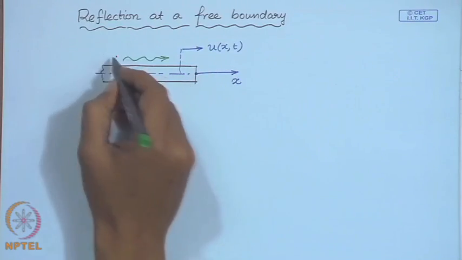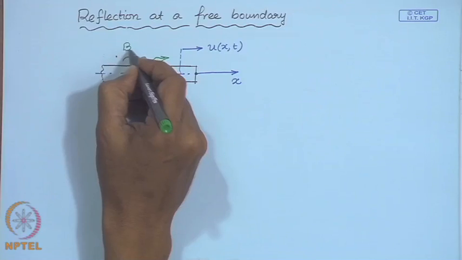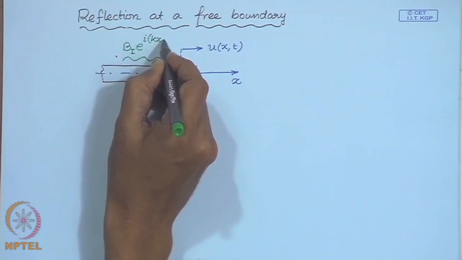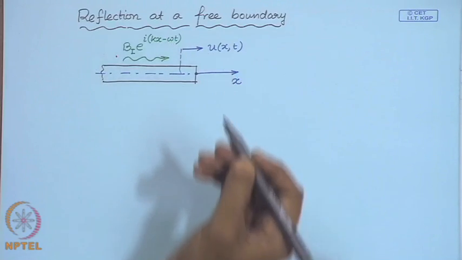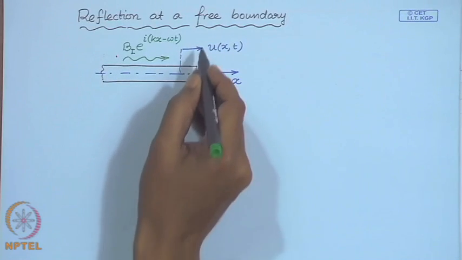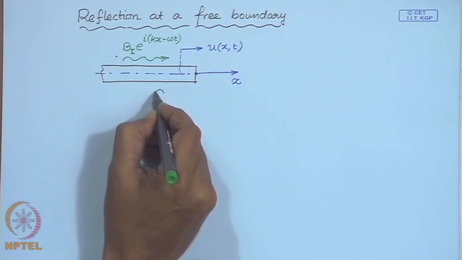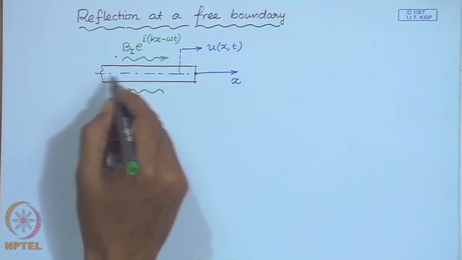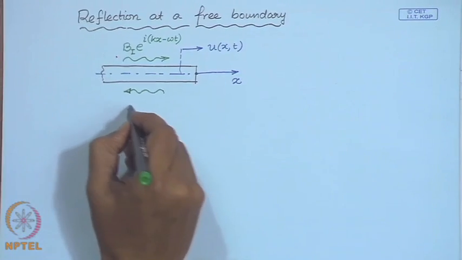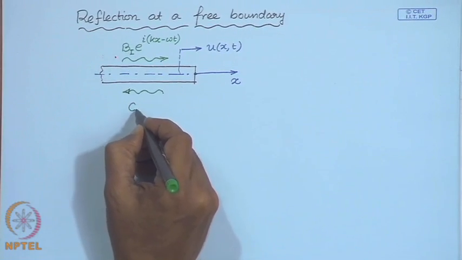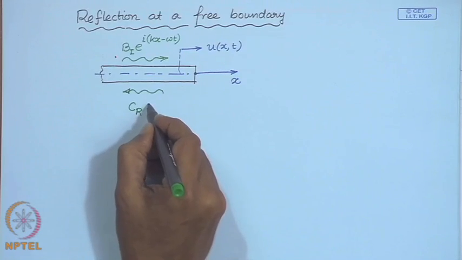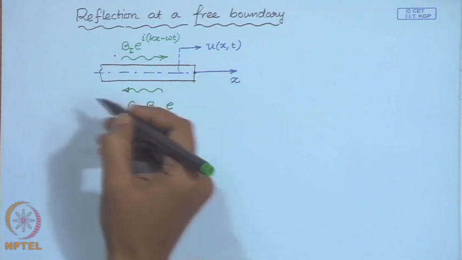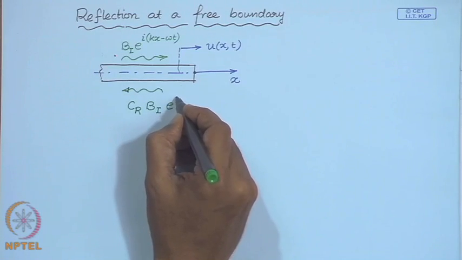There is an incident wave given by this, and since the material ends here, there must be a reflection. We represent this as reflection coefficient times B I times a negative travelling harmonic wave.